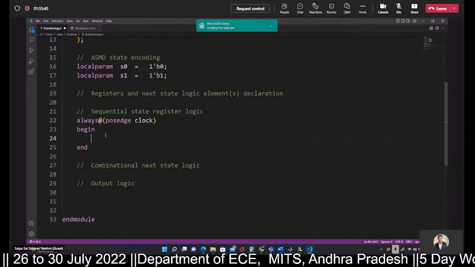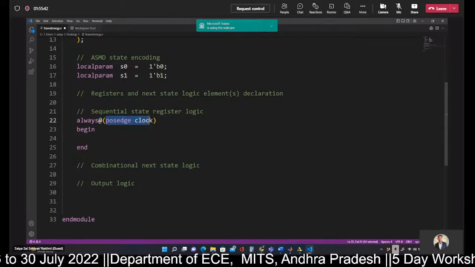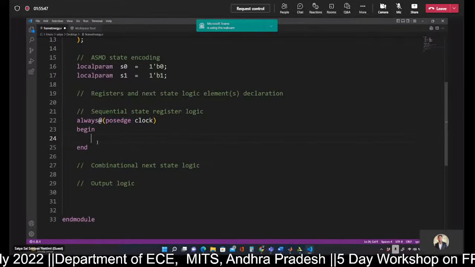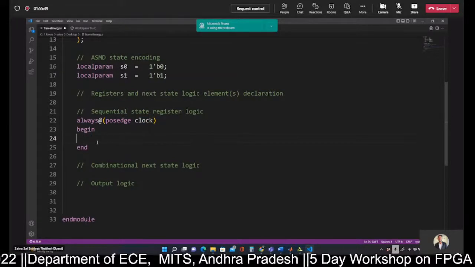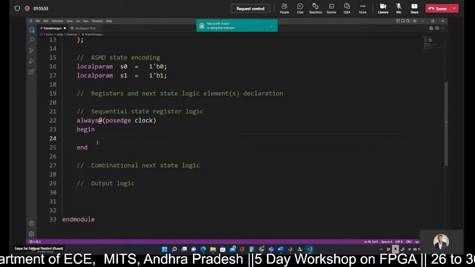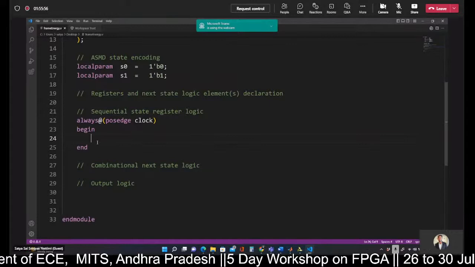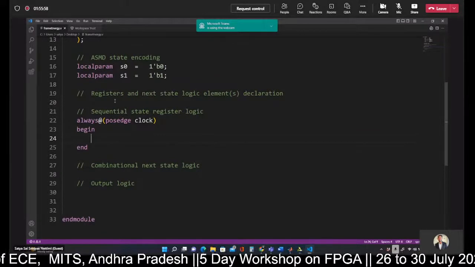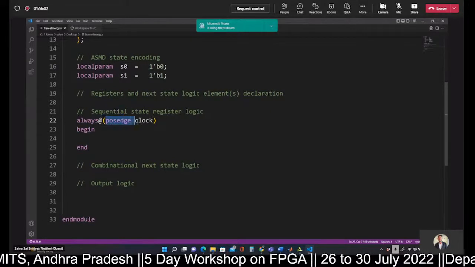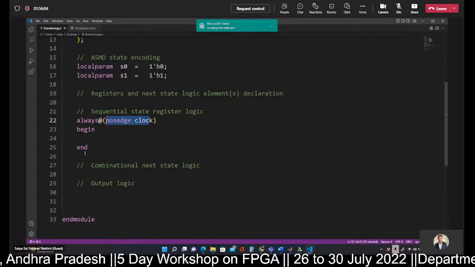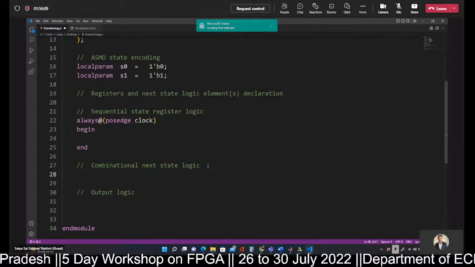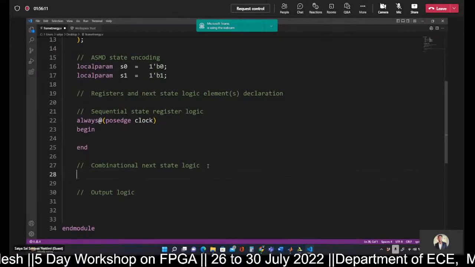Otherwise, if you want synchronous reset, don't include the reset in the sensitivity list. We are doing a synchronous reset, so we are not including the reset. So this is the syntax: for sequential circuits, in the sensitivity list we will write the clock, begin and end. Now coming to the combinational logic, again we are modeling it using behavioral logic.